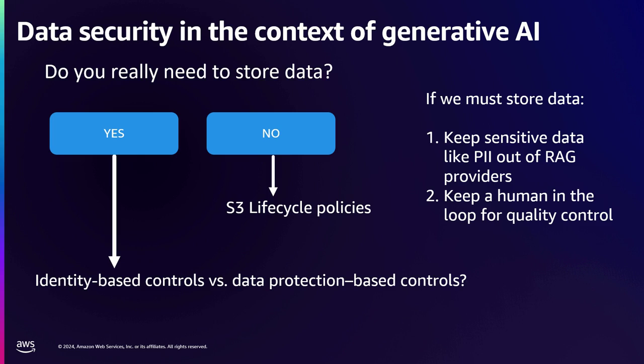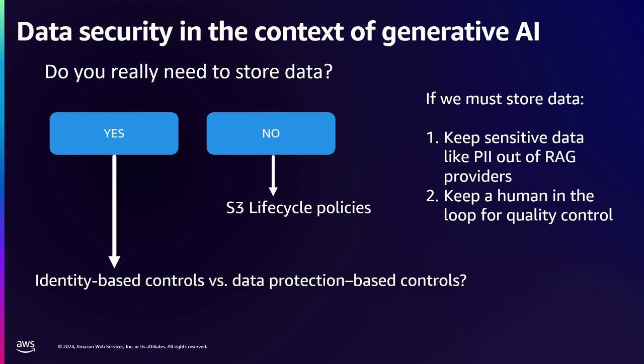You want to ensure that you keep PII data out of that RAG provider, which is S3. Another thing that we recommend is that customers always keep a human in the loop for quality control. You want to ensure you have a human in that loop when you're manipulating your data. In that entire flow, you want to ensure a human is there for quality control.